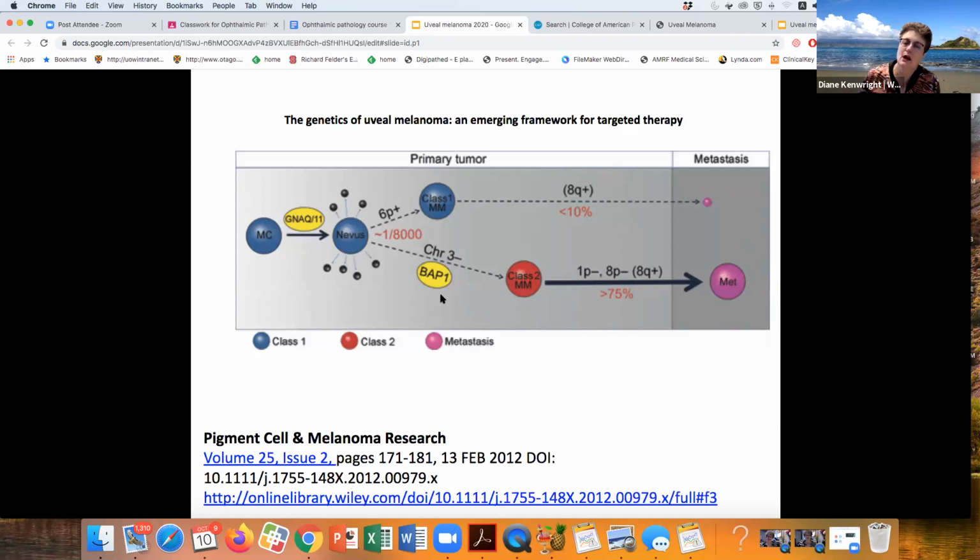You will see that coming through in your reports as standard now, and this is what it means. It means it's likely to be a chromosome 3 mutation tumor. BAP1 is, again, I think an independent prognostic feature.